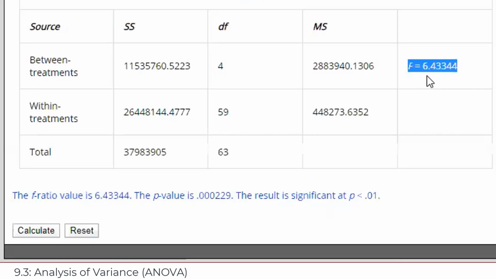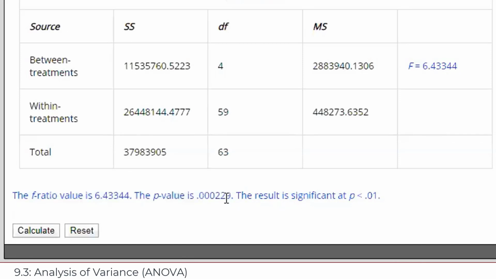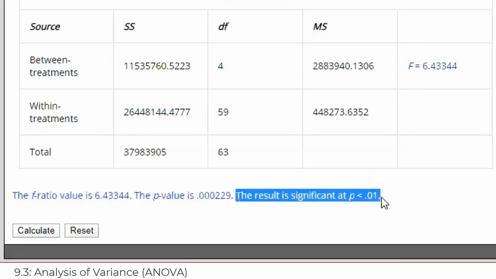And then you take that F score and they actually calculate the area under the curve, which is right down here. So they calculate the P value for this F score. And then because you told them the threshold was 1%, they tell you that the result is significant at P less than 0.01. So that means you get to reject the null hypothesis because our area came in under 1%.